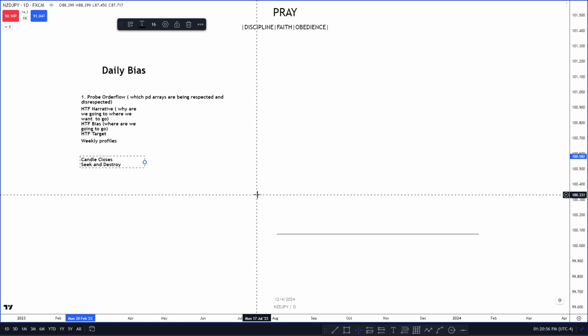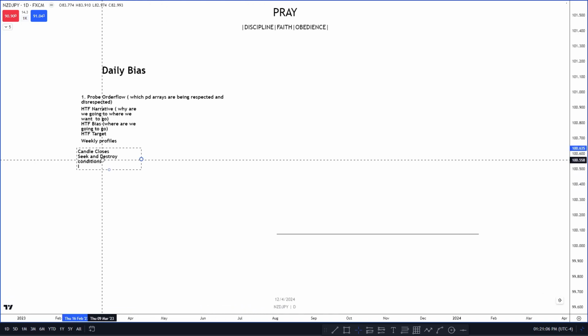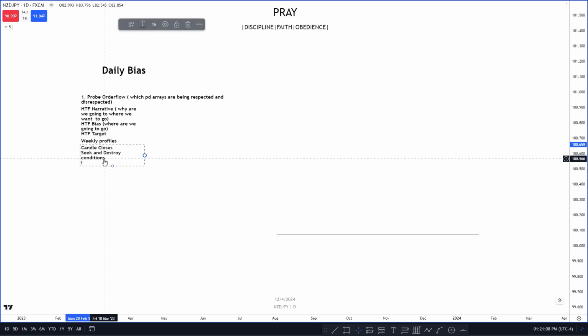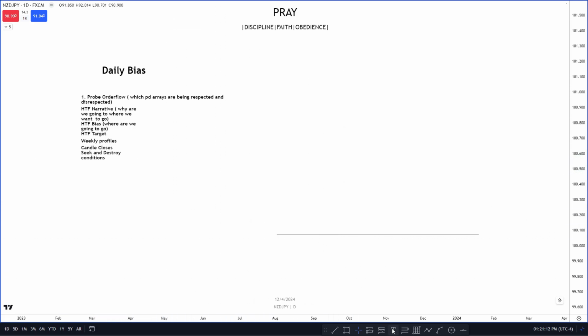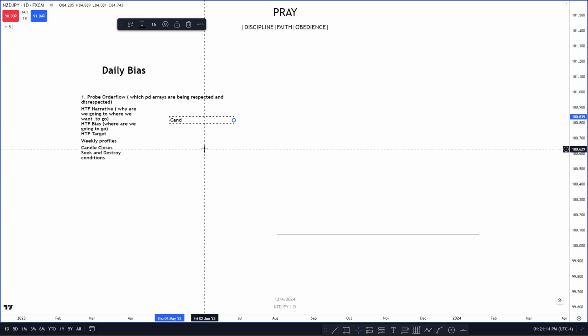And I'm going to show examples of all of these. We have the most important, which is also, I might put this in like places of priority. You also have candle closes. You have IRL to ERL. And then you also have discount to premium.